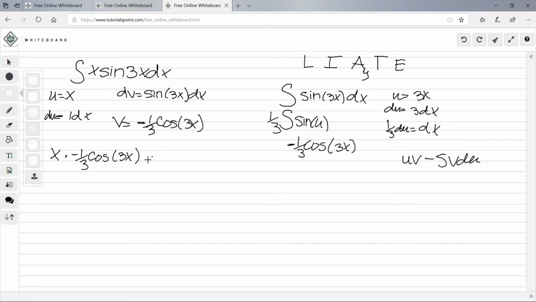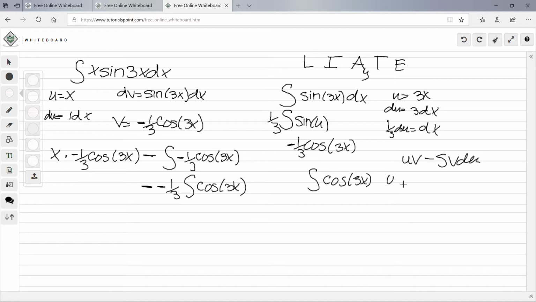Okay, so minus the integral of v du, so negative 1/3 cosine of 3x. Let's move this constant, negative 1/3, to the front. So for this integral of cosine 3x, we'll have to use substitution again.